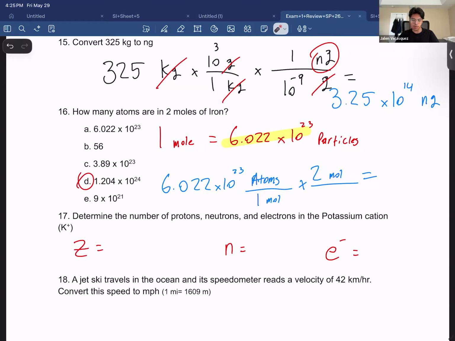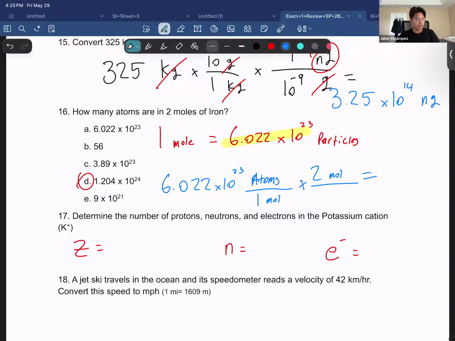Let's start with the protons, denoted by the letter Z. This one is the easiest to find out, and you can get that directly from the periodic table.